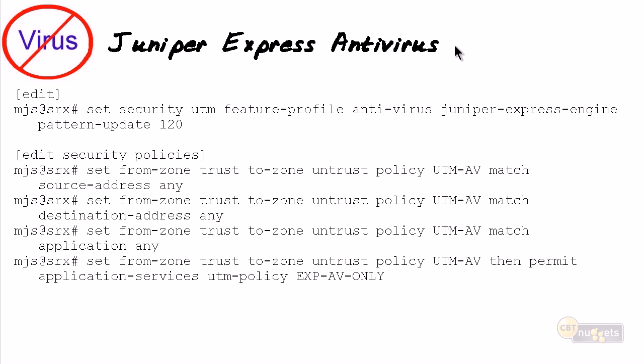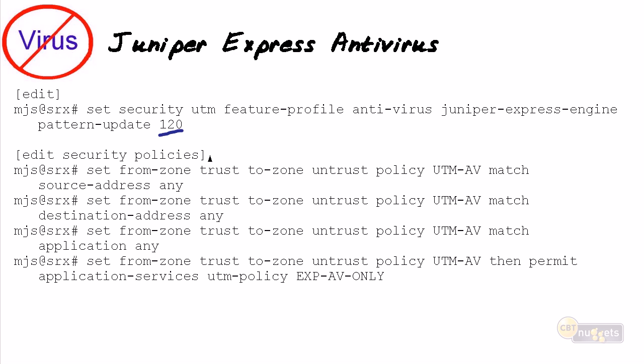So what we see first of all here, in the edit context, we want to set the pattern update and change it. Change the update to 120 minutes. The default is to update every 24 hours. So let's go ahead and update more often. It's always an excellent best practice, especially in a dynamic environment.